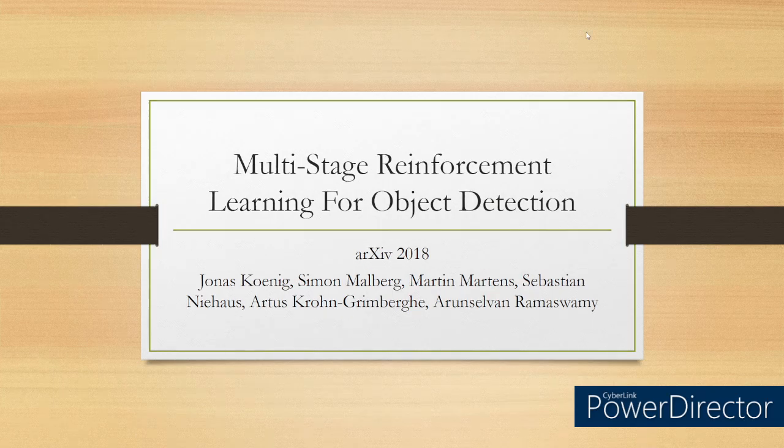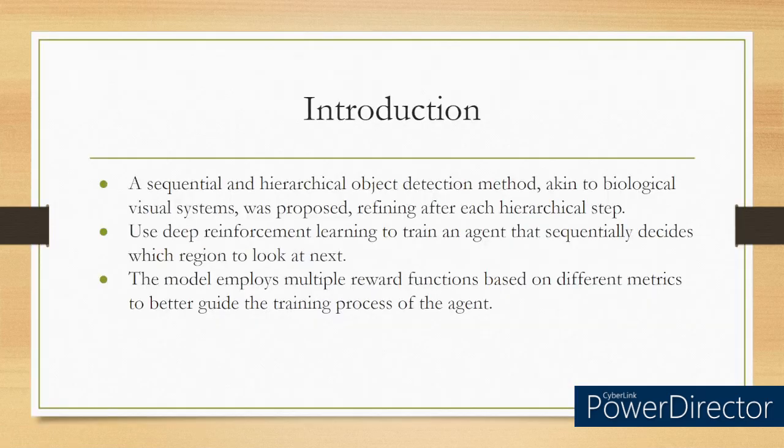The second paper of our presentation is titled Multi-Stage Reinforcement Learning for Object Detection. This paper proposes a sequential and hierarchical object detection method similar to the biological visual system and utilizes deep reinforcement learning to train an agent.